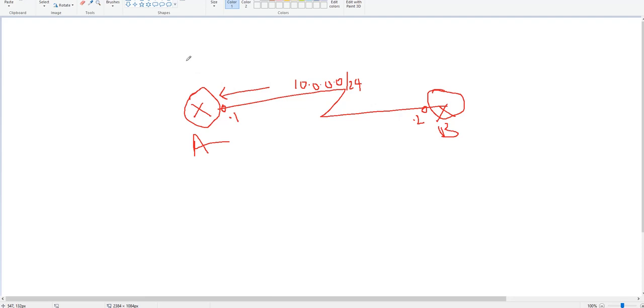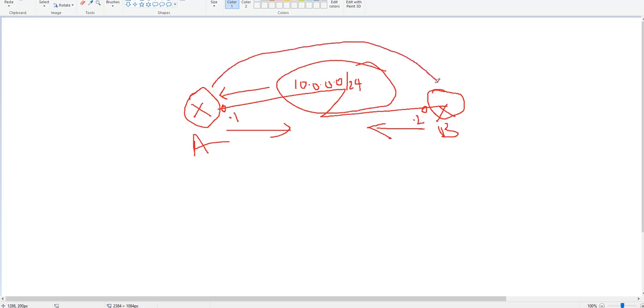When you advertise this network on this interface and on this interface, your OSPF and EIGRP will identify each other based on some mechanism, and the neighborship will happen automatically.